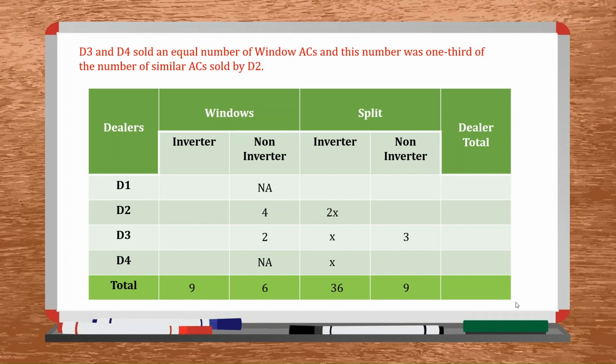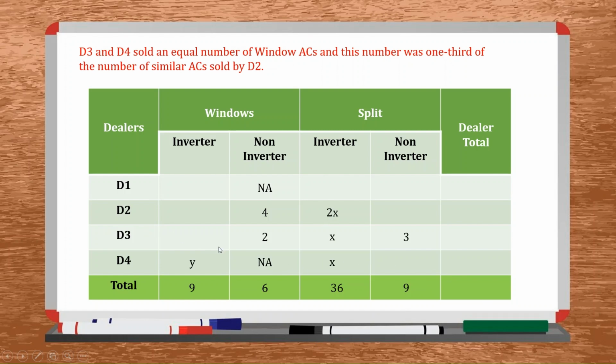Next, D3 and D4 have an equal number of window ACs, and this is one third of the number of similar ACs sold by D2. Because D4 has not sold any non-inverter type AC, let me consider the inverter window AC for D4 as Y. If this is Y, then the window total for D4 would be Y, because non-inverter is 0.